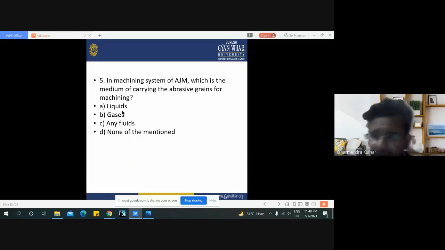In some abrasive machining we can use liquid or water. That is known as water jet machining, which we will discuss in the next lecture. So gas is the medium responsible for carrying the abrasive grains for the machining process in the abrasive jet machining system.